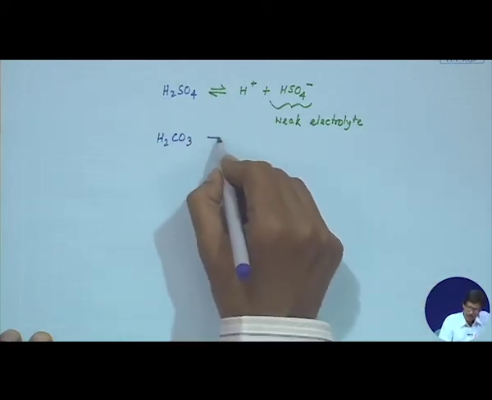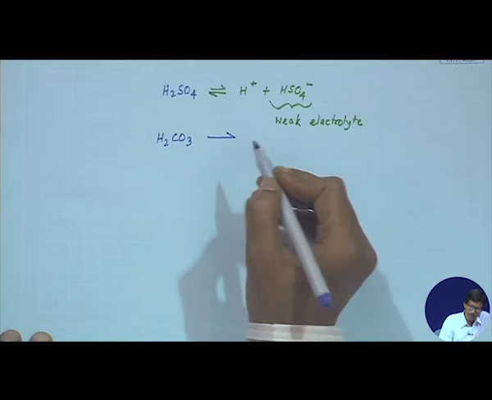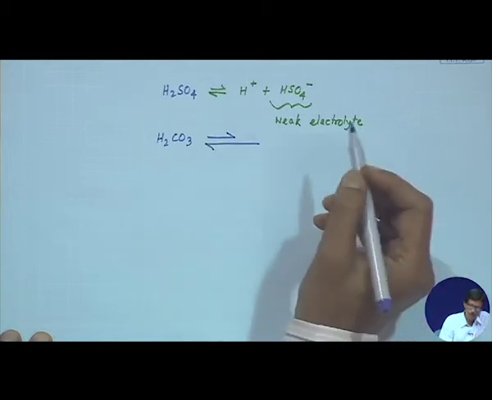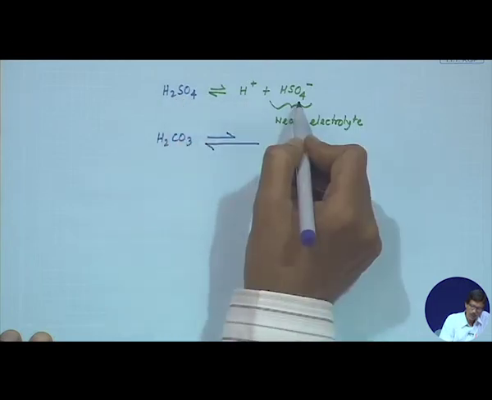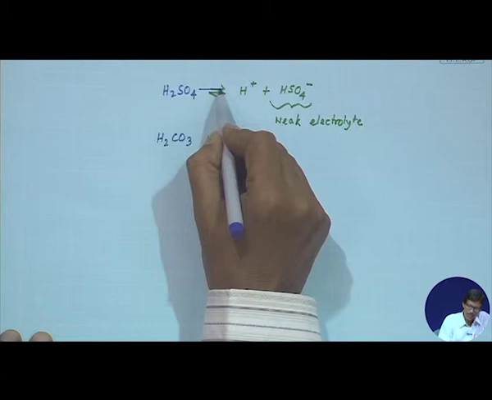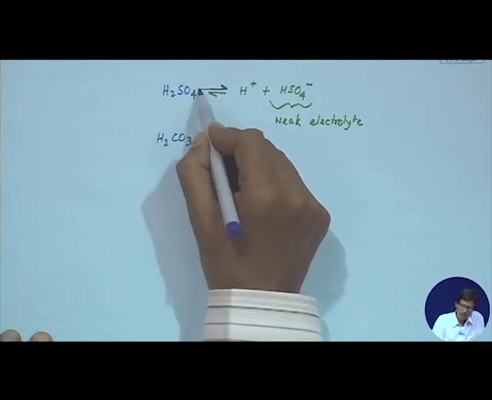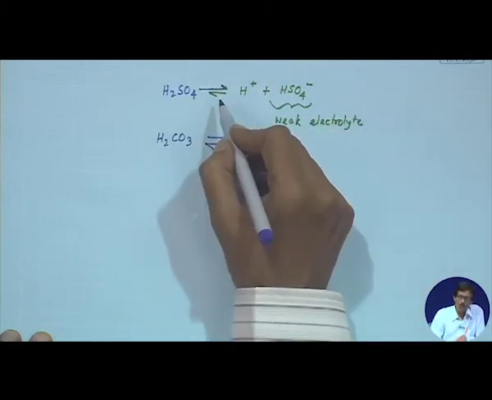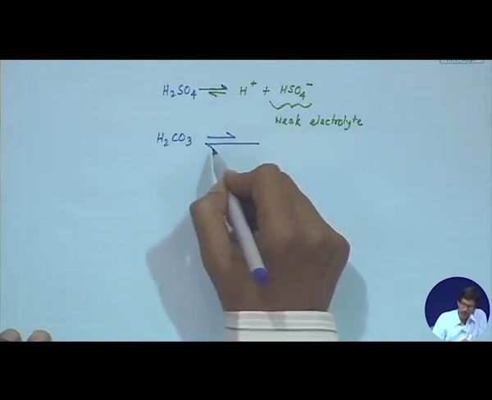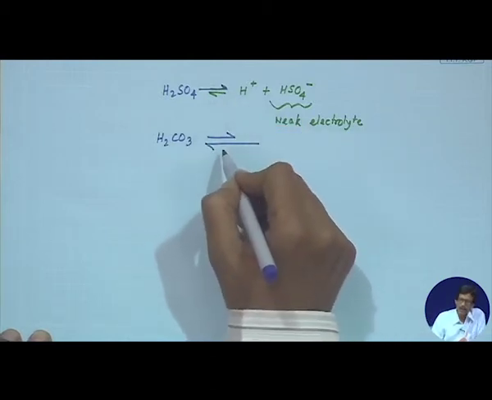But in case of your H2CO3, the species is not so big. Here also it is going to the right hand side, but the left hand side is a small one. So, the rate of the forward reaction is very high, and the rate of the backward reaction is very high.